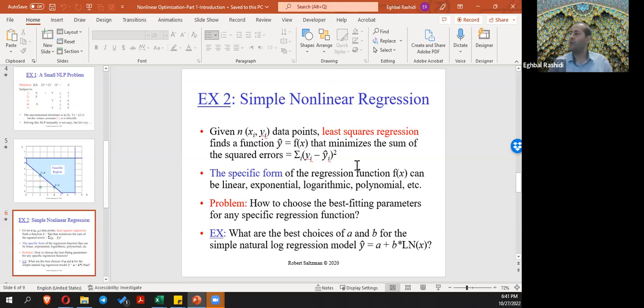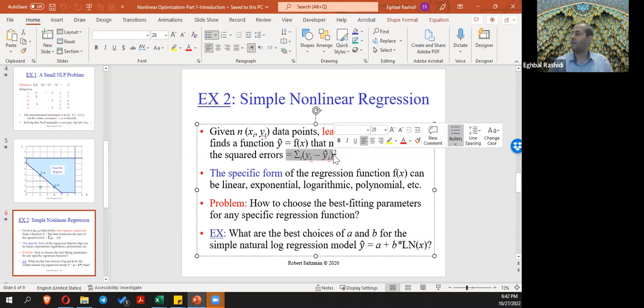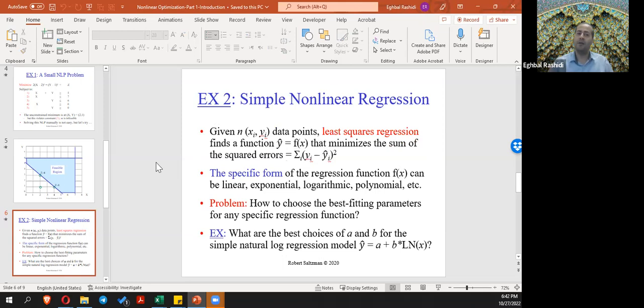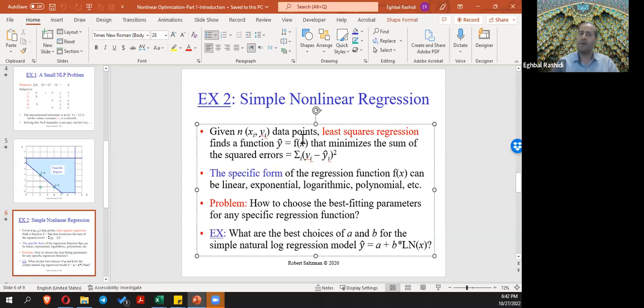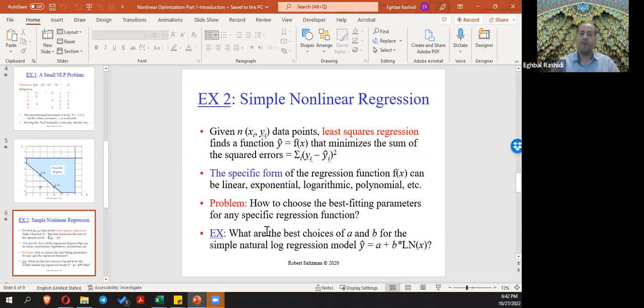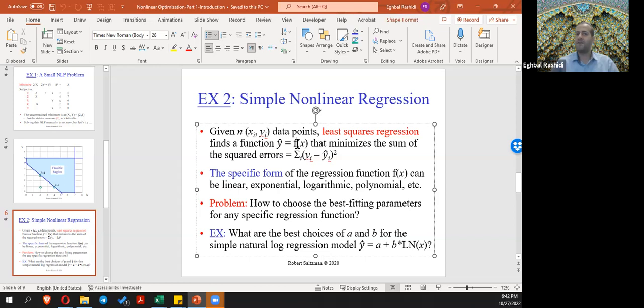But no matter what f of x is, the least squares function is a non-linear function because it's a square. So the problem is how to choose the best fitting parameters for any specific regression function, whether it's linear or non-linear. So let's try with a non-linear f of x.